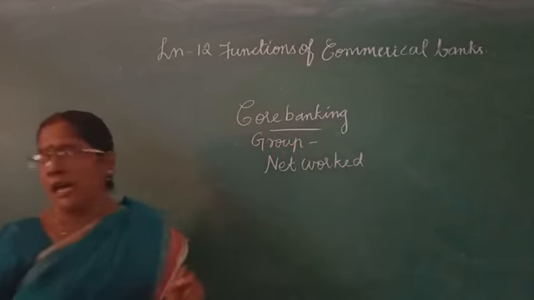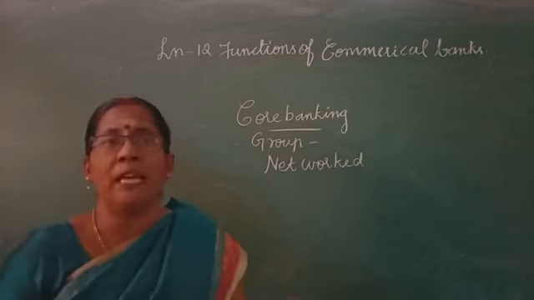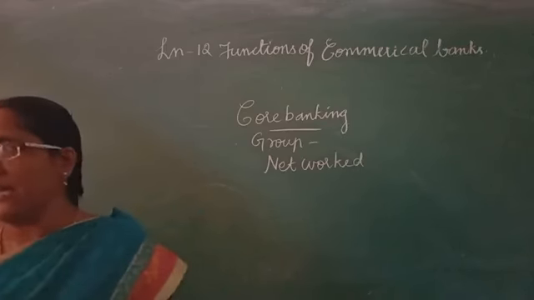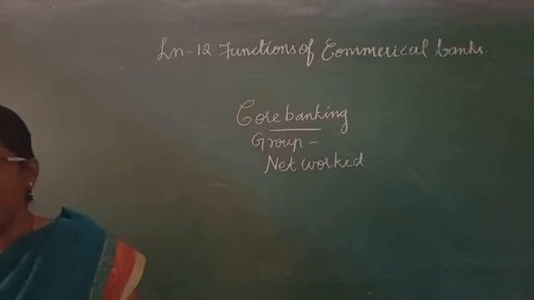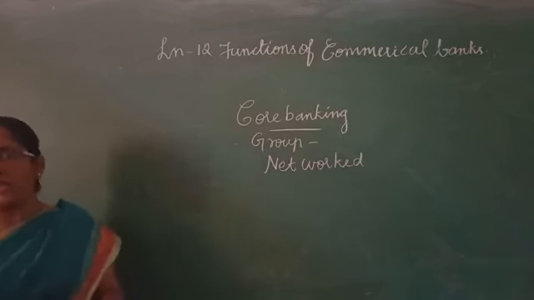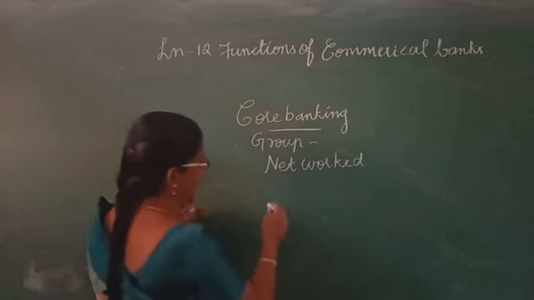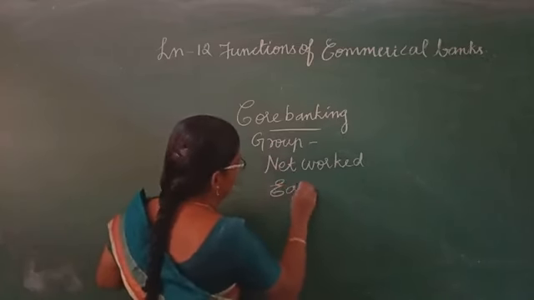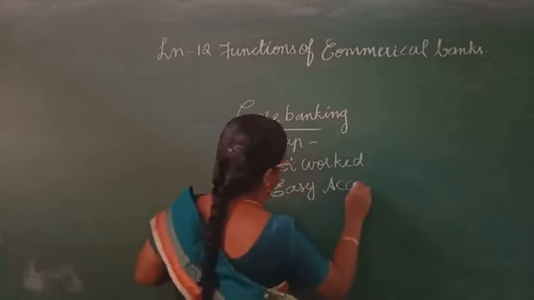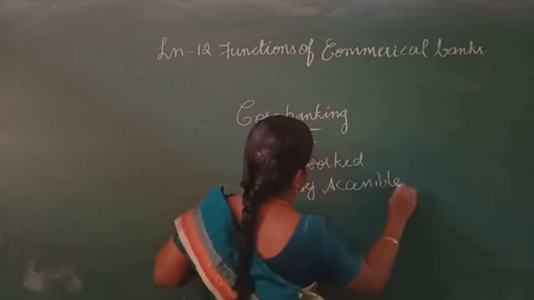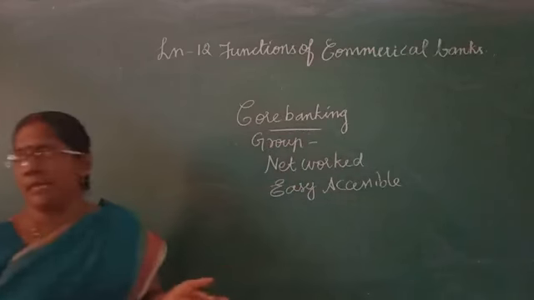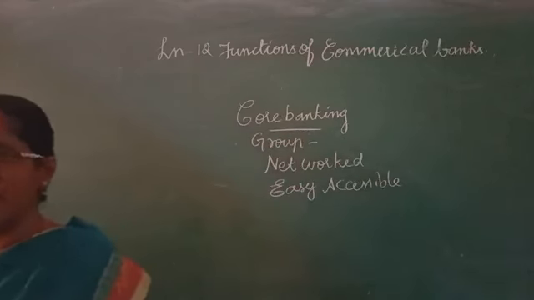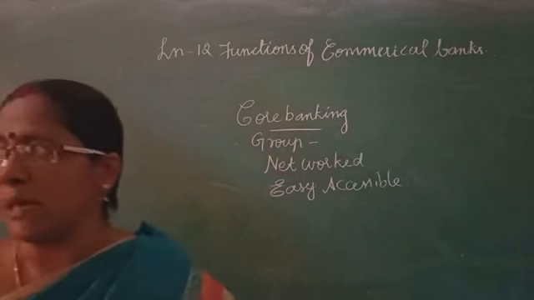What is the benefit of the network? Wherever the customer is, they can access their bank branches at anywhere, at any time. So it is easily accessible. So, what is the explanation of core banking?